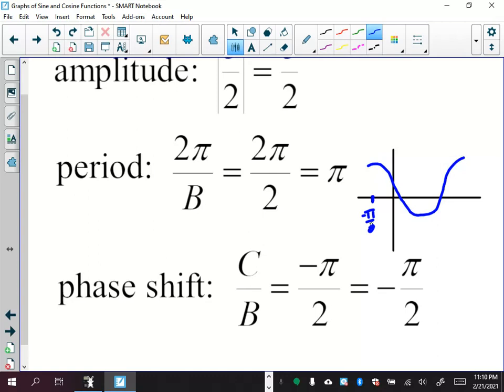And I'm going to end a full pi away, at pi over 2. So I'm going to start at negative pi over 2 and end at pi over 2. That's all this is saying.